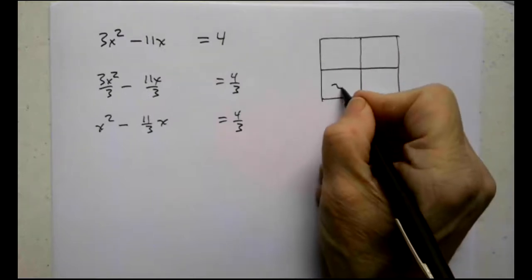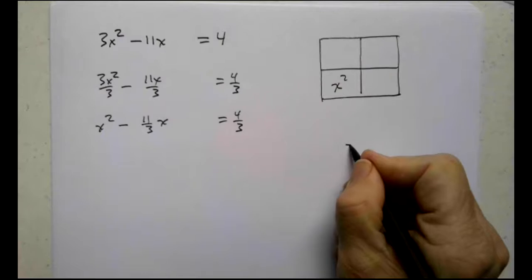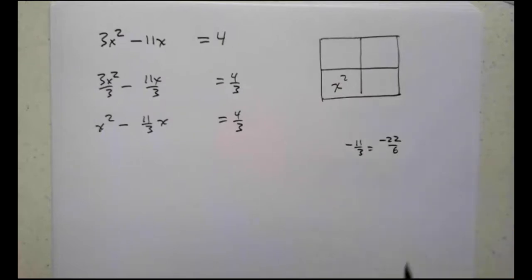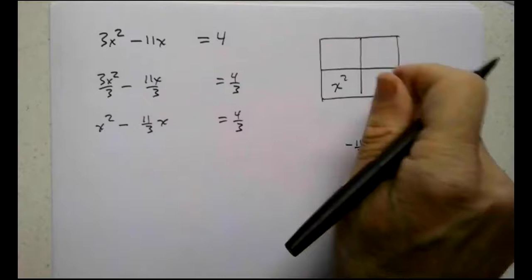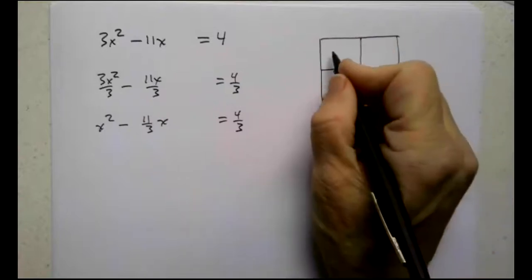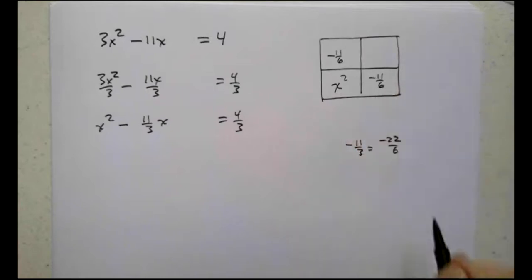So this is x squared. These two middle boxes have to add up to negative 11/3, which is the same thing as negative 22/6, correct? So each one is negative 11/6. Notice if I add them together, I get negative 22/6 or negative 11/3.